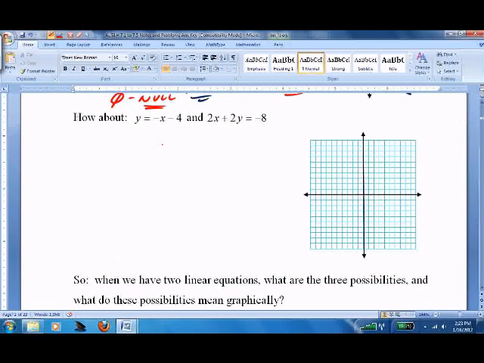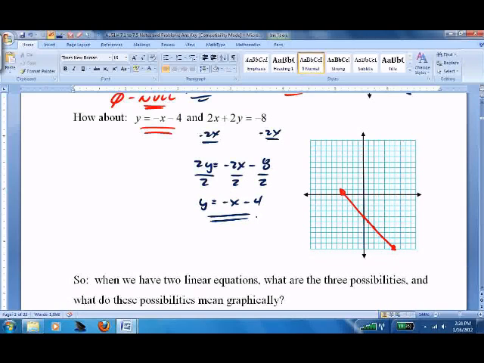Let's look at the other one. This one's already set up, -x minus 4. Manipulate the other one. Y equals -x minus 4, which is the same equation.